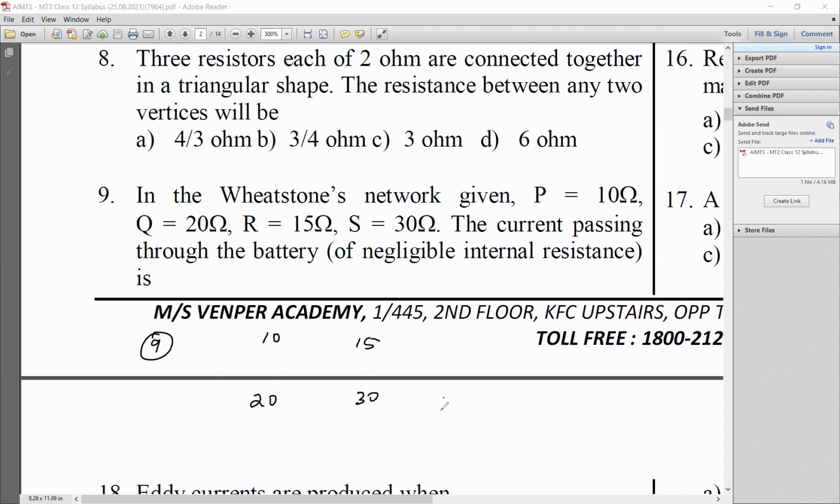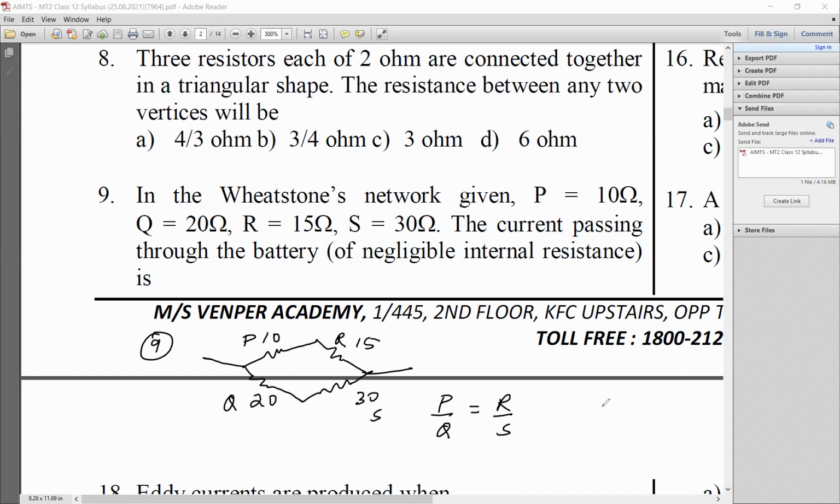In a Wheatstone bridge, if P by Q is equal to R by S, then no current will flow here. That means P and R will be in series, Q and S will be in series.